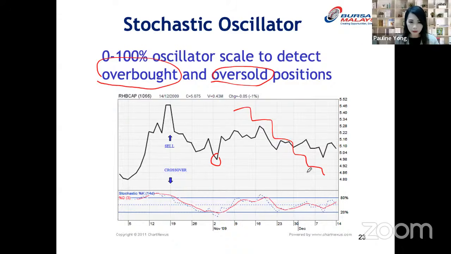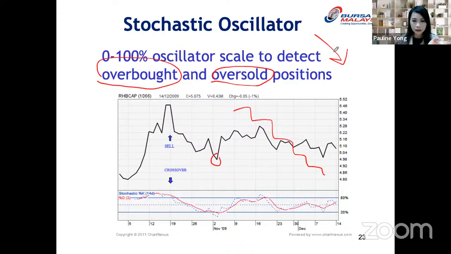So when you are in a downtrend and using the stochastic or RSI, you will probably end up buying lower and lower and lower. That is the thing about using stochastic and RSI in a downtrend.